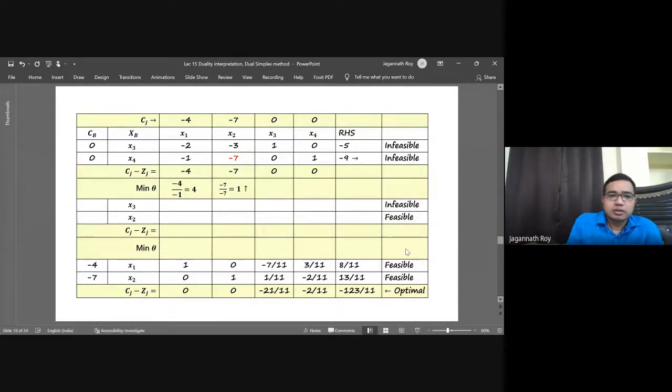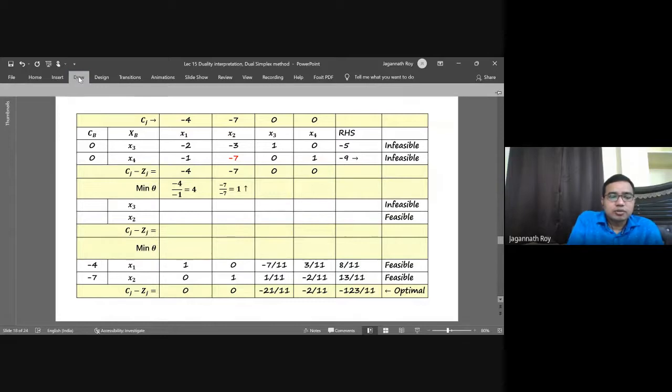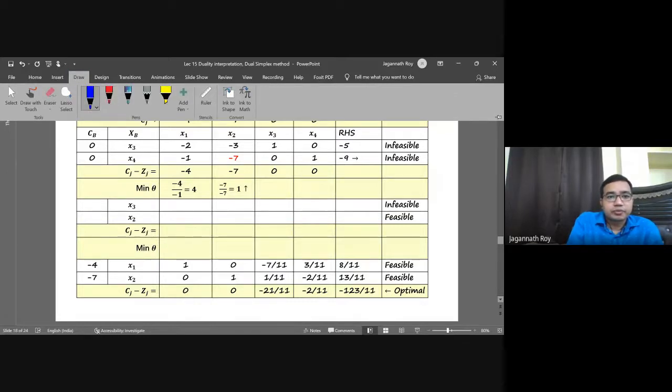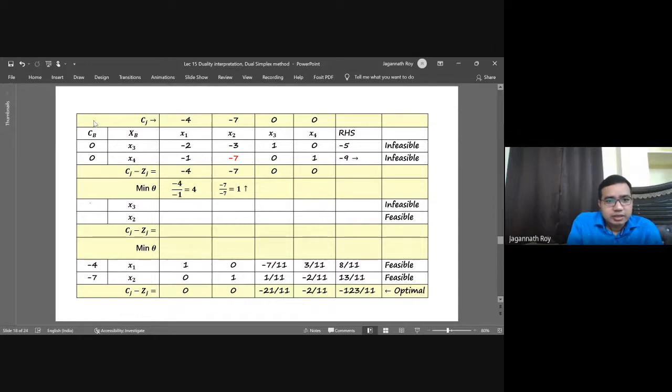So the task is to make it, so this is 0, x3 is 0, and x2 is minus 7. So our task is to divide by minus 7. So 1 by minus 7 is minus 1 by 7. 7 by minus 7, minus 7 by 7 is 1.